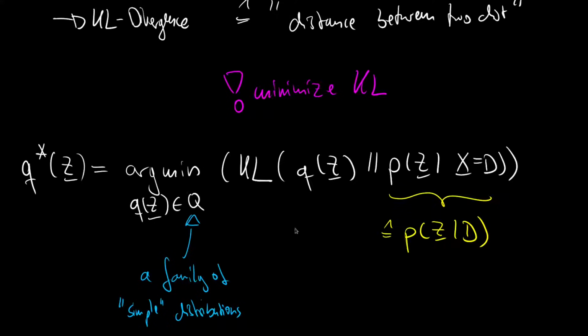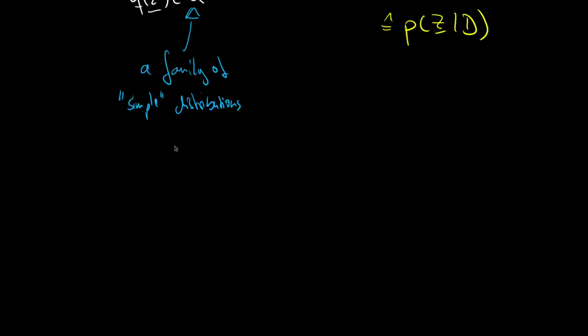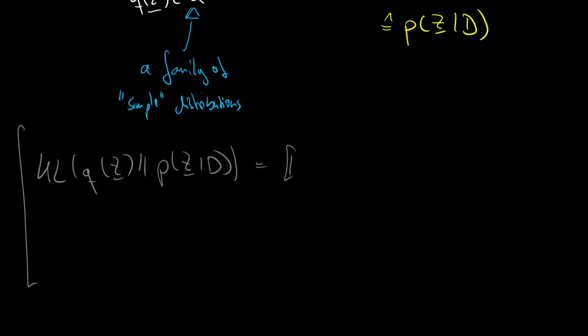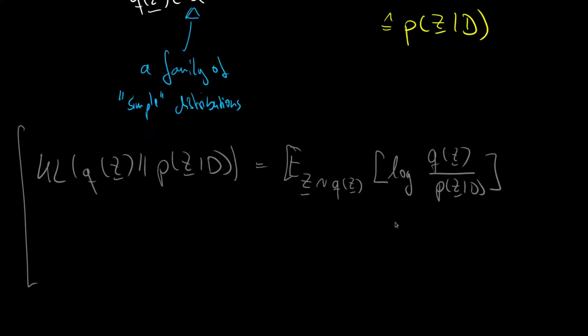Just to refresh the knowledge of the KL divergence, I want to write it down once. So the KL of Q of Z and P of Z given D is the expectation over Z distributed according to Q of Z of the logarithm of Q of Z over P of Z given D, and then closing brackets for this one.